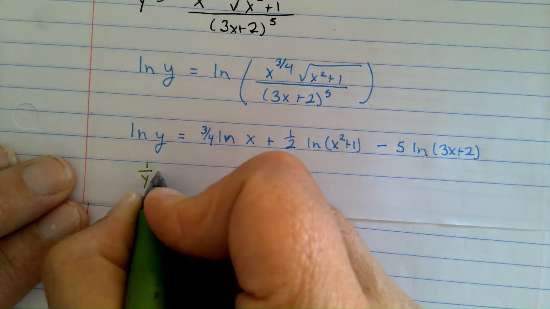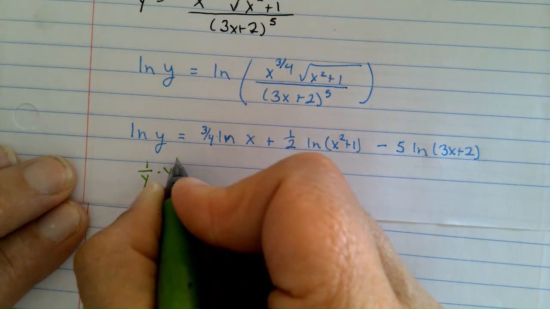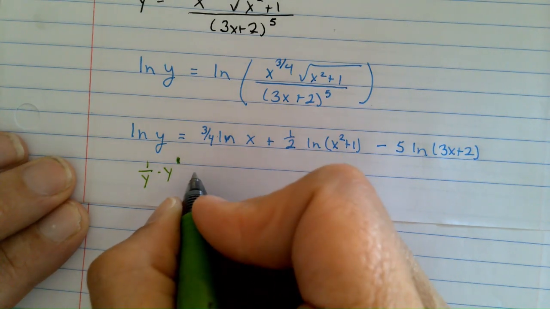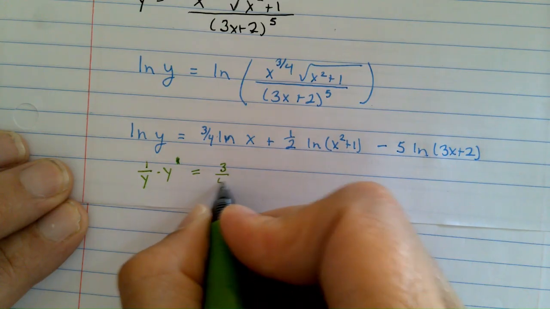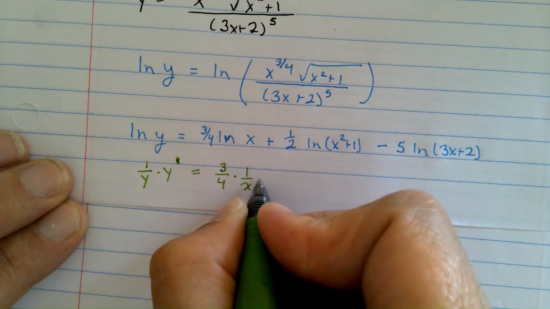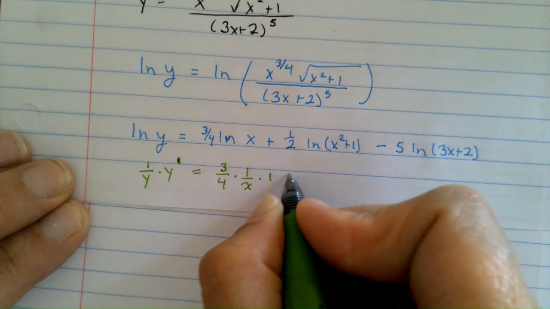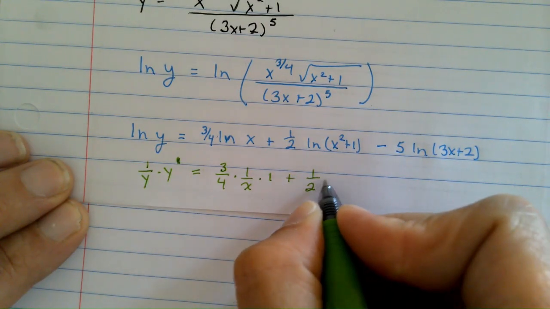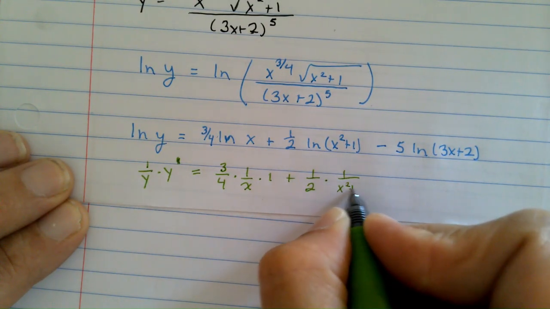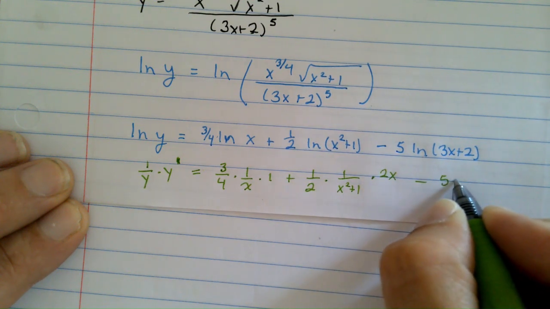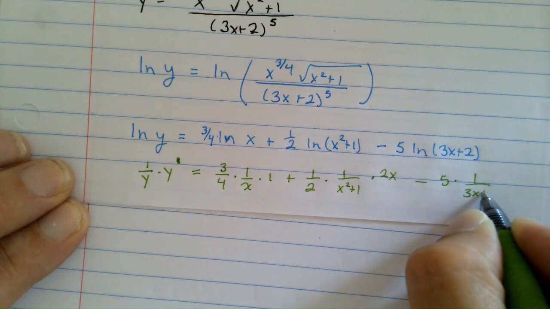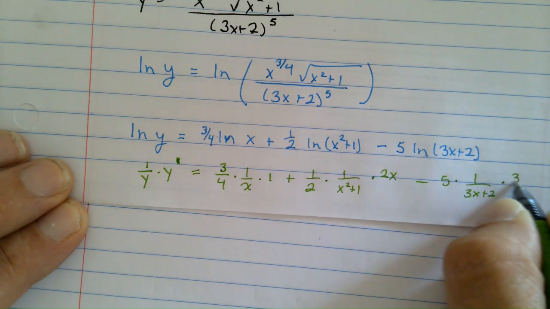1 over y times y prime. Notice the y prime method popping out there? Yep. 3/4 times 1 over x times the derivative of x, which is 1, plus 1/2 times 1 over x squared plus 1 times the derivative of that, which is 2x, minus 5 times 1 over 3x plus 2 multiplied by 3.